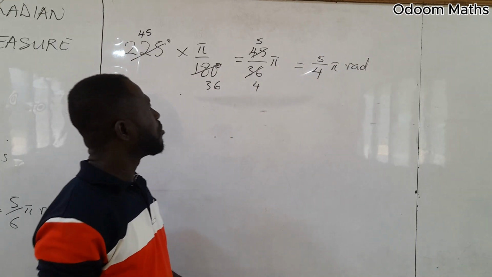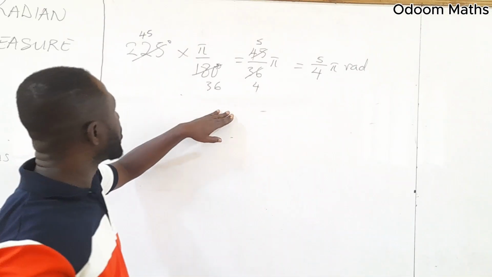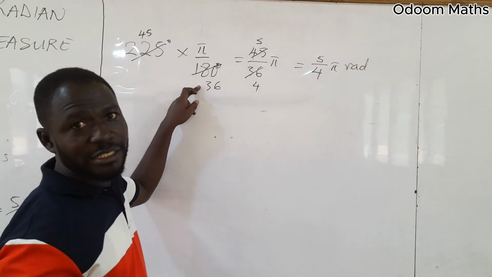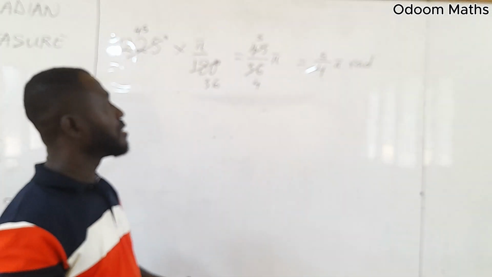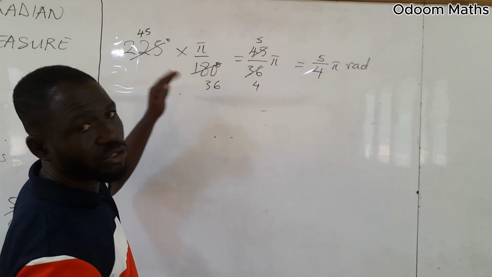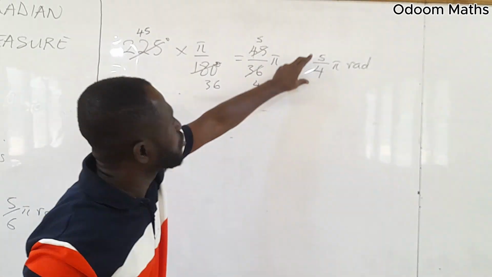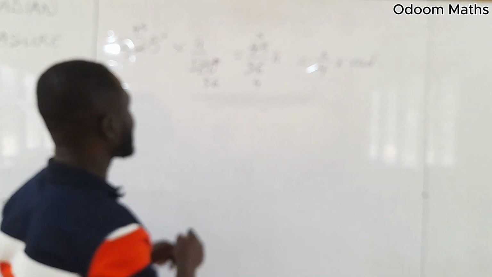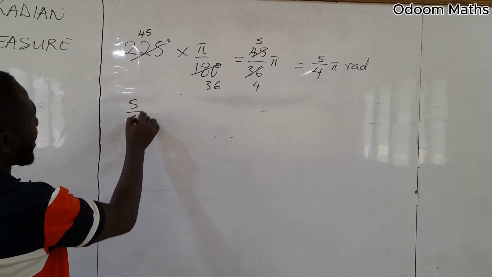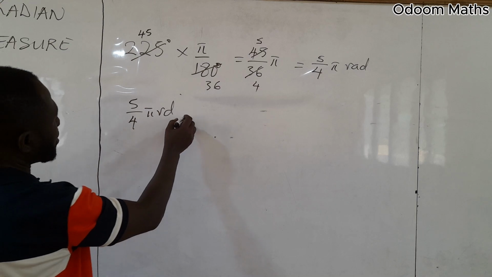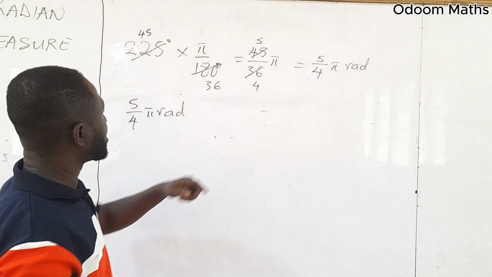So I said to convert from degrees to radians, we multiply by pi over 180. Now let's look at the other way around, converting from radians to degrees. I'm going to use these same examples. We are going to convert 5 over 4 pi radians to degrees.